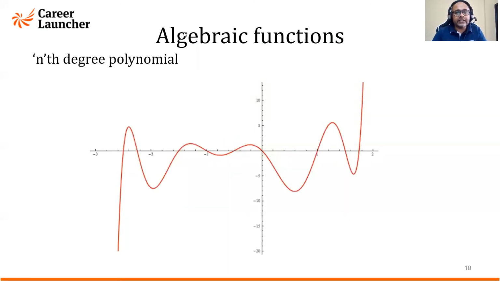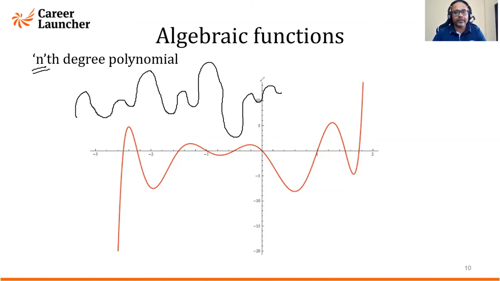Now the next thing is a general algebraic polynomial, which is an nth degree polynomial, where n is the highest power of your x in that. The graph looks somewhat like this. It's basically a wavy, curvy fashion. It can be anything like this, depending upon your coefficients, but it is always going to be a wavy, curvy fashion, up and down, up and down.